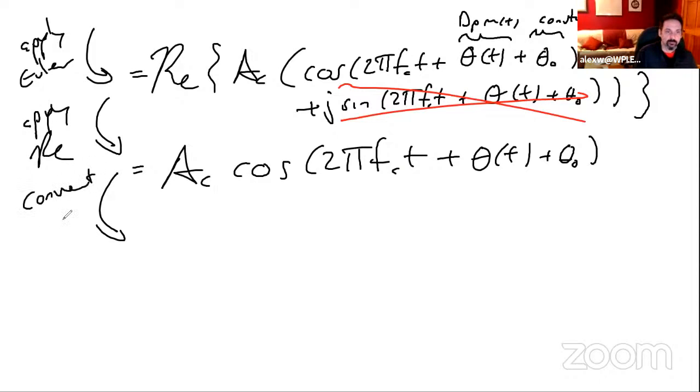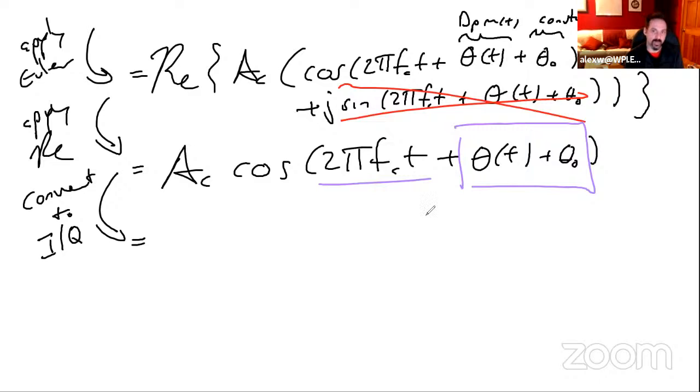Now convert to IQ. So we have to do more trig identities. What we want to do is keep this and separate out that.